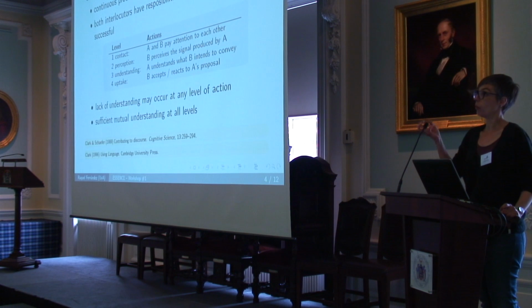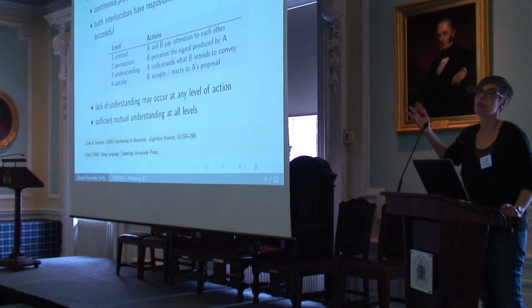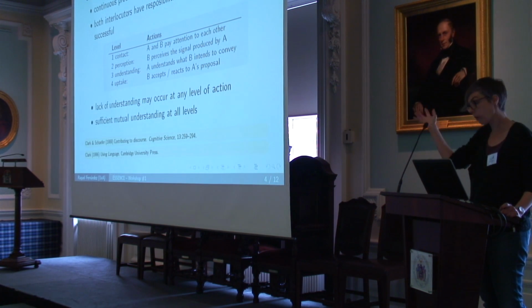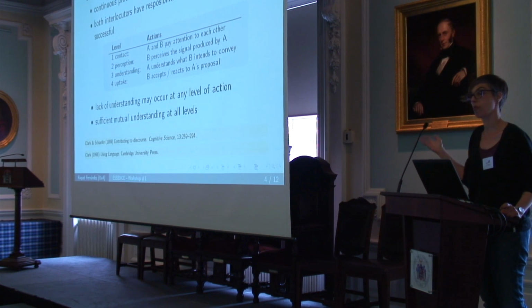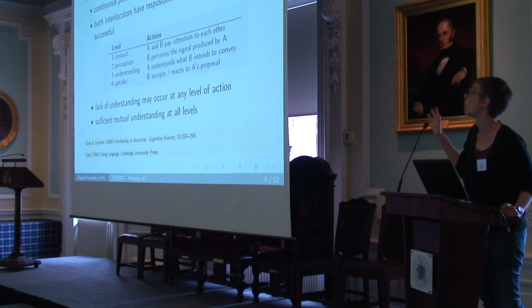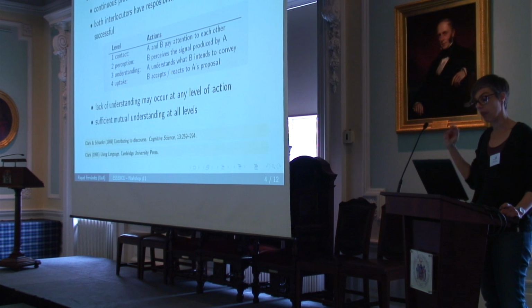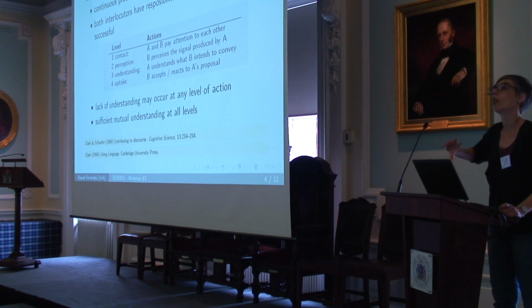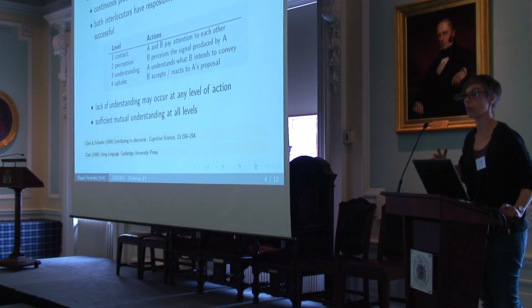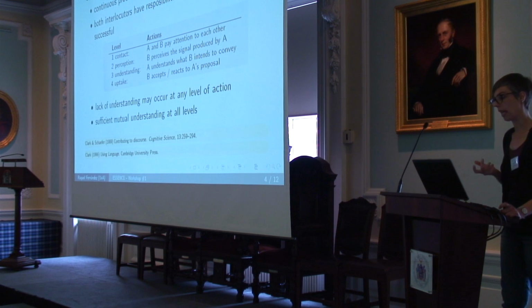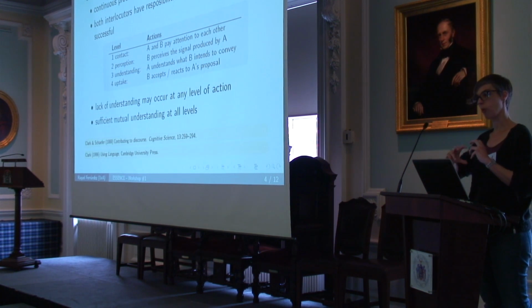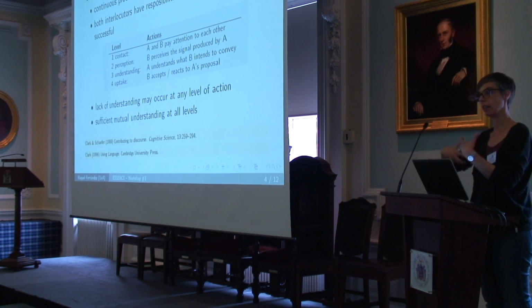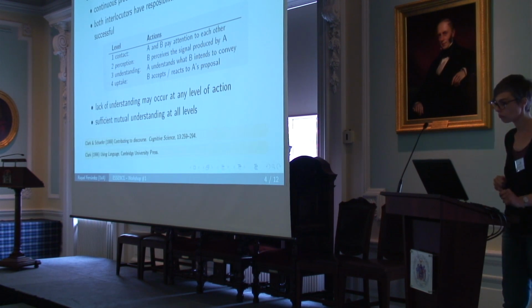What may happen is that a lack of understanding occurs at any of these levels of action. Communication may break down at any of these levels, and this triggers different types of reactions, signaled in different ways depending on the level at which the problems occur. By looking at conversations, you can see how people try to repair at different levels when problems occur.